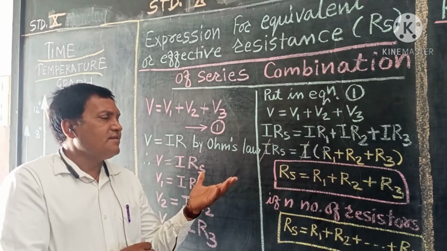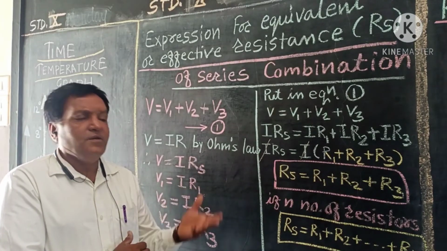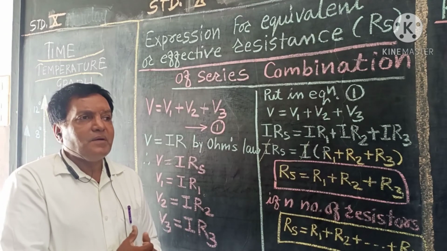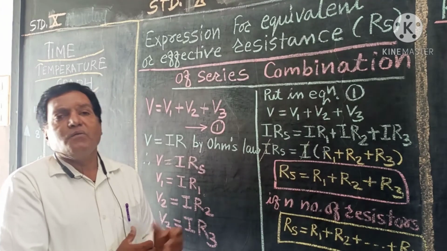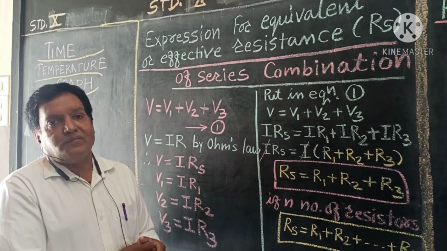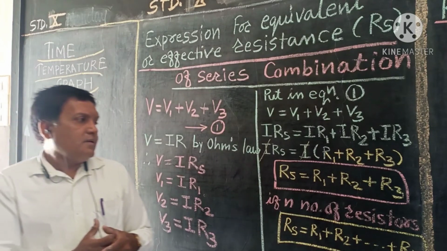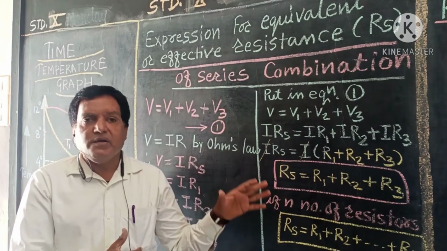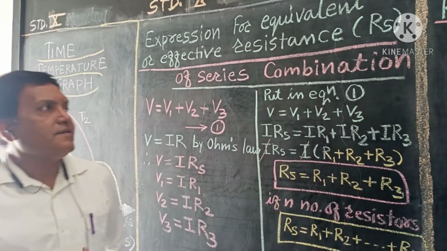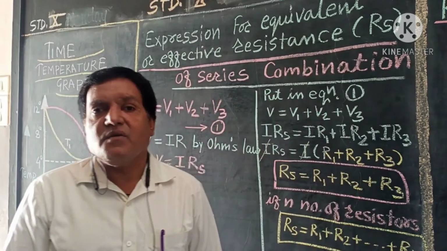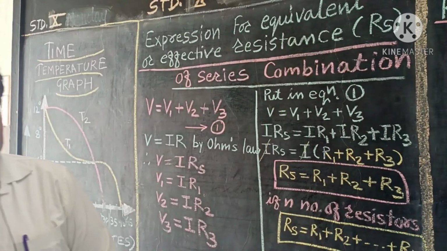So this type of combination of resistors is used for specific purposes where a smaller amount of current is needed. That's all about it. We will stop here. Now we have completed resistors in series and the expression for the equivalent resistance.